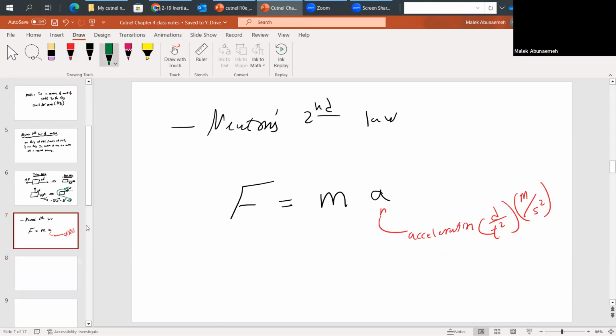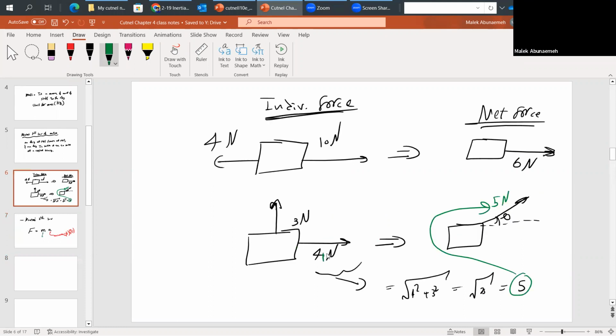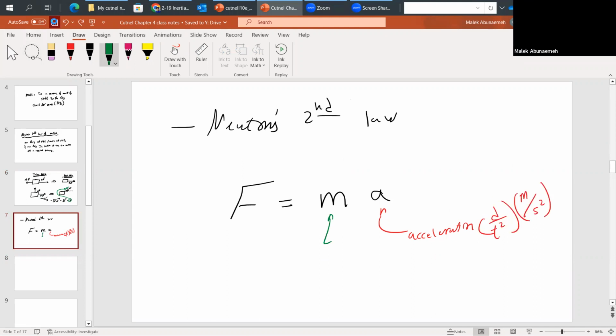Your M is going to be your mass, which is going to be in kilograms. And of course, F, that's your force.